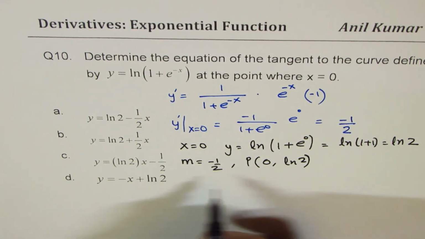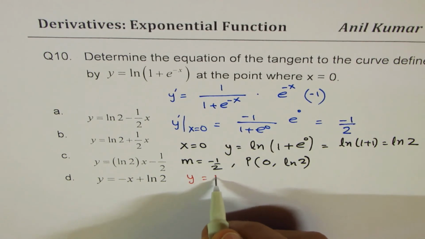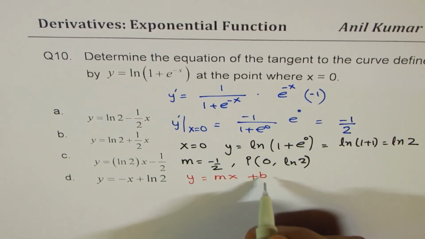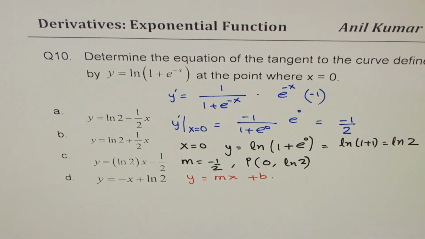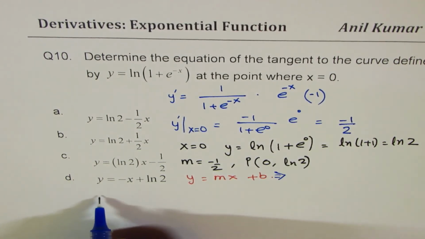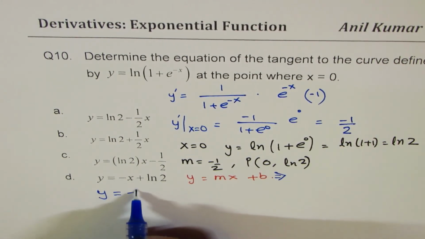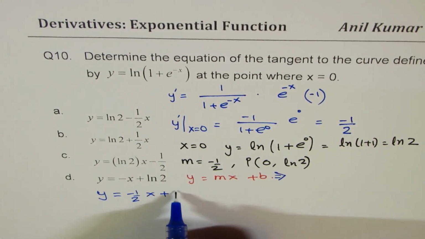Perfect. So the equation which we can use is y equals mx plus b, where we know what m is. So we have y equals slope minus half x plus b.